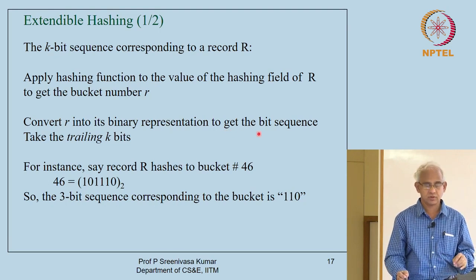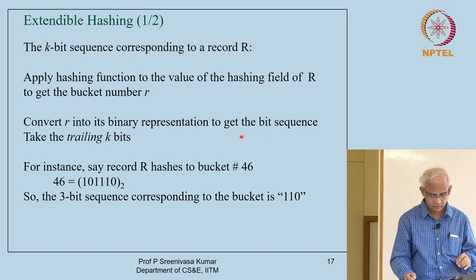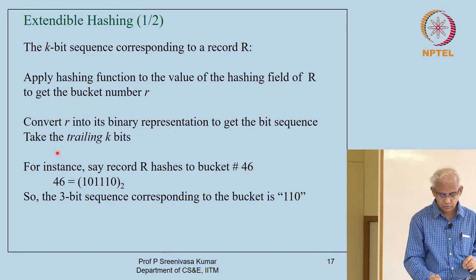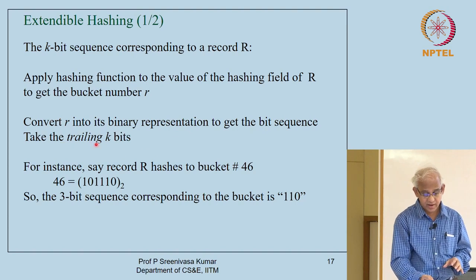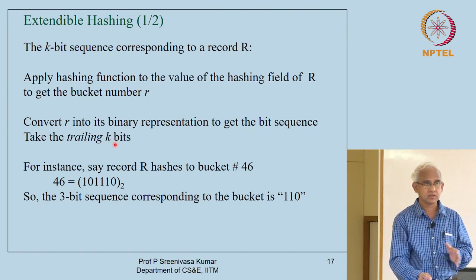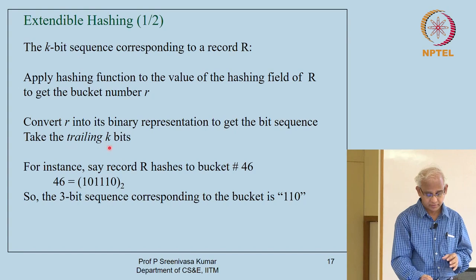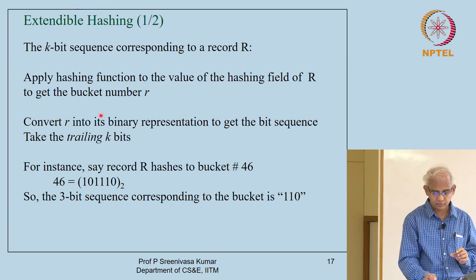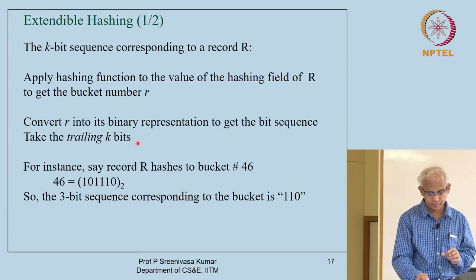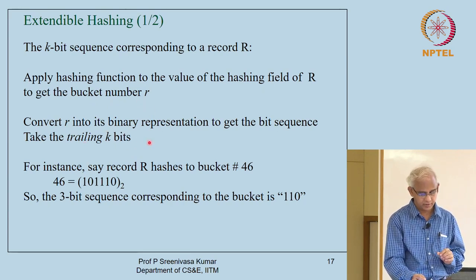Some n number of bits will be there, but then take the k trailing bits, the last bits, and call that the k bit sequence for that particular record, in fact for that particular bucket.